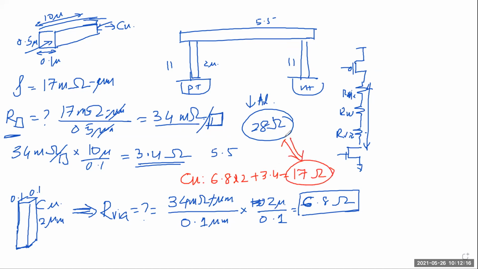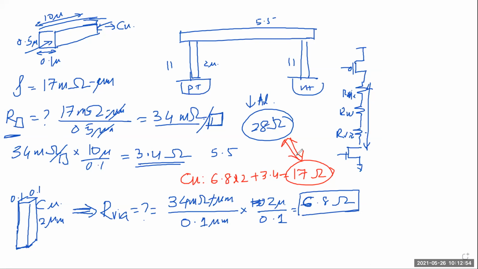So you can see there's a huge difference going from tungsten, aluminum to copper. If you do both your vias and the wires in copper, what is the resistance improvement percentage-wise? You go from 28, so 28 minus 17 divided by 28, if you're going from aluminum.